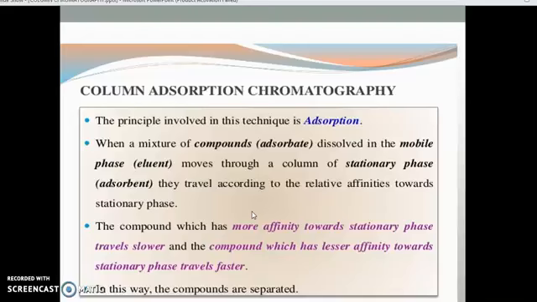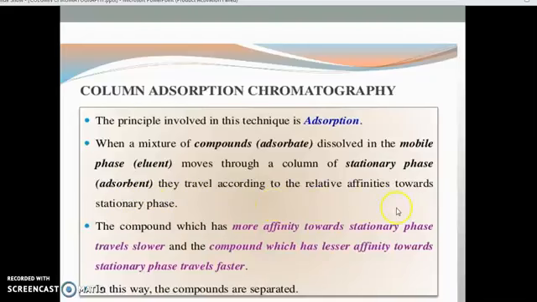The mixture of compounds, dissolved in the mobile phase, is eluted through the column, and the column consists of the stationary phase, that is the adsorbent. The compound that you want to separate is called the adsorbate, and the stationary phase we call the adsorbent.